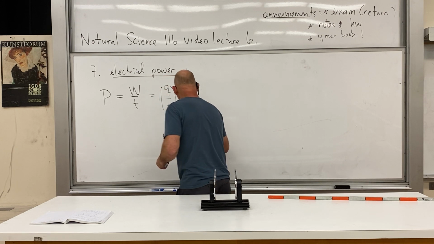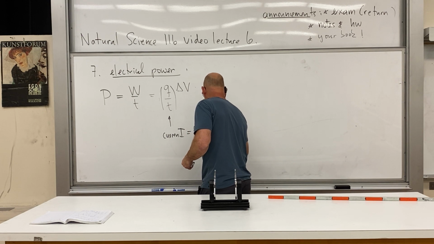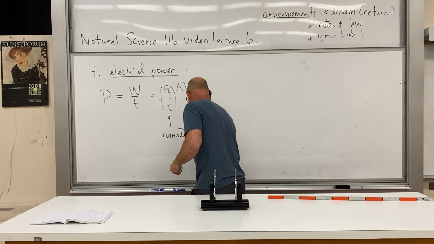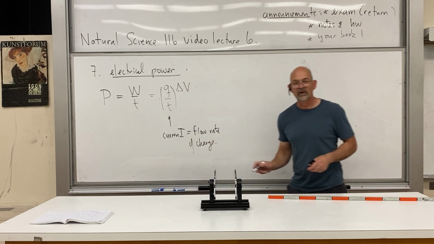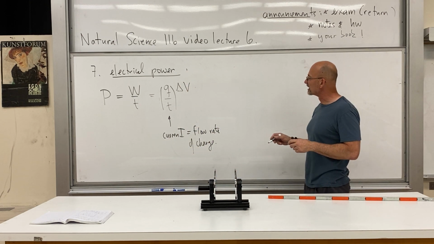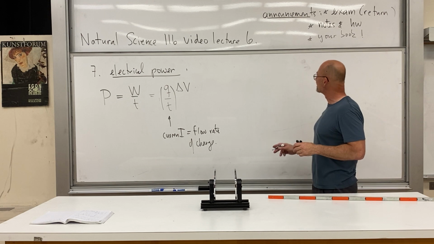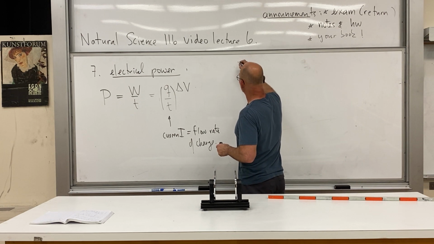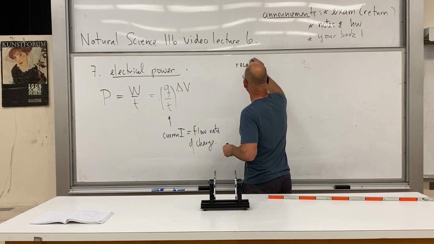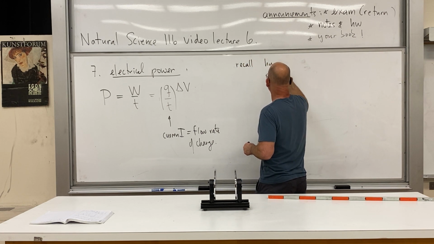I is equal to the flow rate of charge. Now, where have we heard of flow rate before? In our hydropower formula. So this is a chance to really get a nice comparison. So I'm going to put here, recall hydropower.